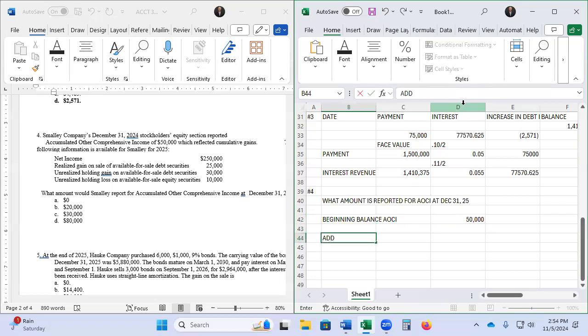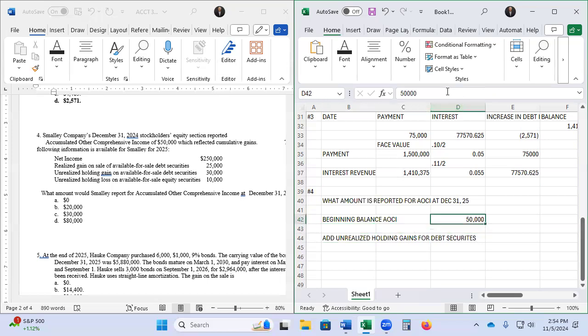And we add unrealized holding gains for debt securities, and that is 30,000.